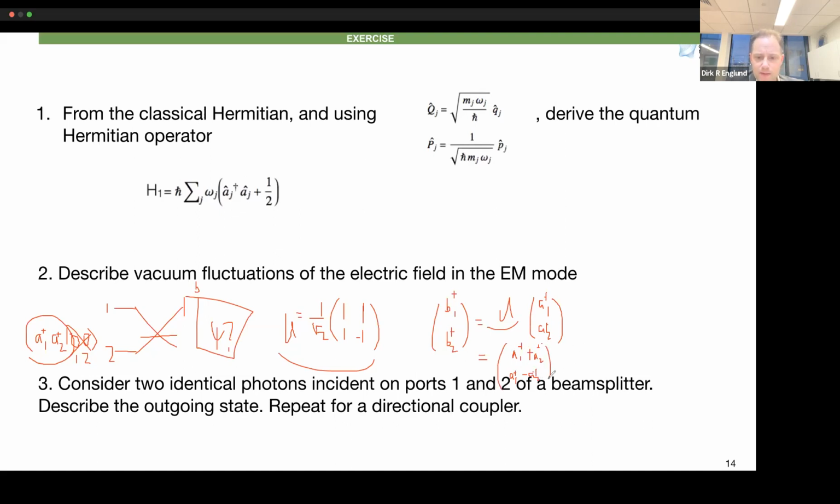There's a 1 over square root of 2 from the U that comes over. Now let's solve for A1 and A2 in terms of B1 and B2. Just inverting that matrix equation gives you A1 dagger equal to 1 over square root of 2 times B1 dagger plus B2 dagger.